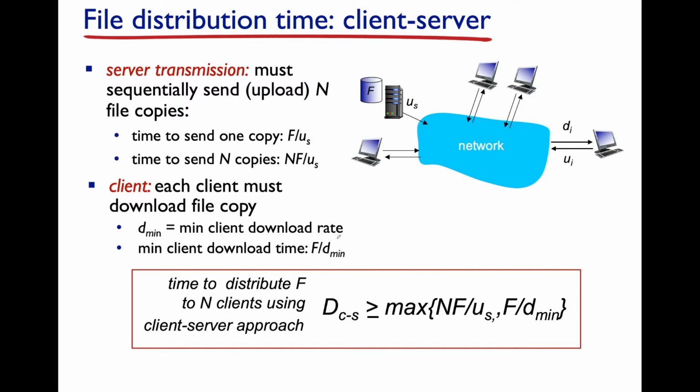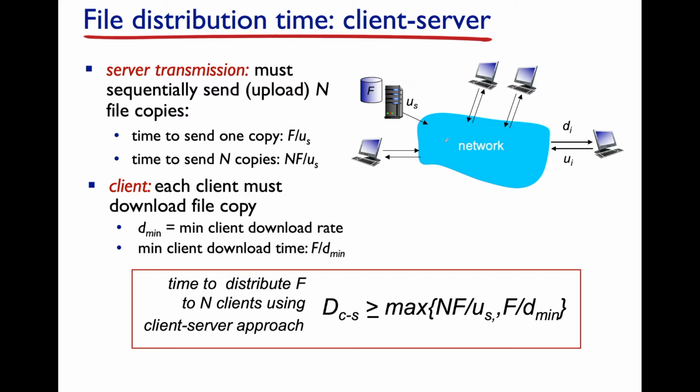It doesn't matter what the particular download rates are for the clients. What matters is that there's the slowest one. We'll just identify that as dmin. In this particular case, dmin could be D1, it could be D2, it could be DN, and so forth.